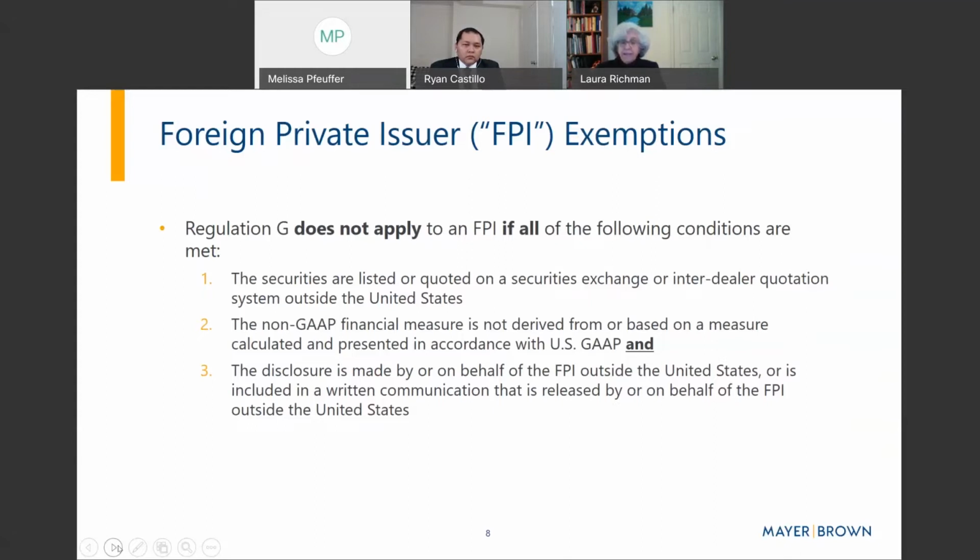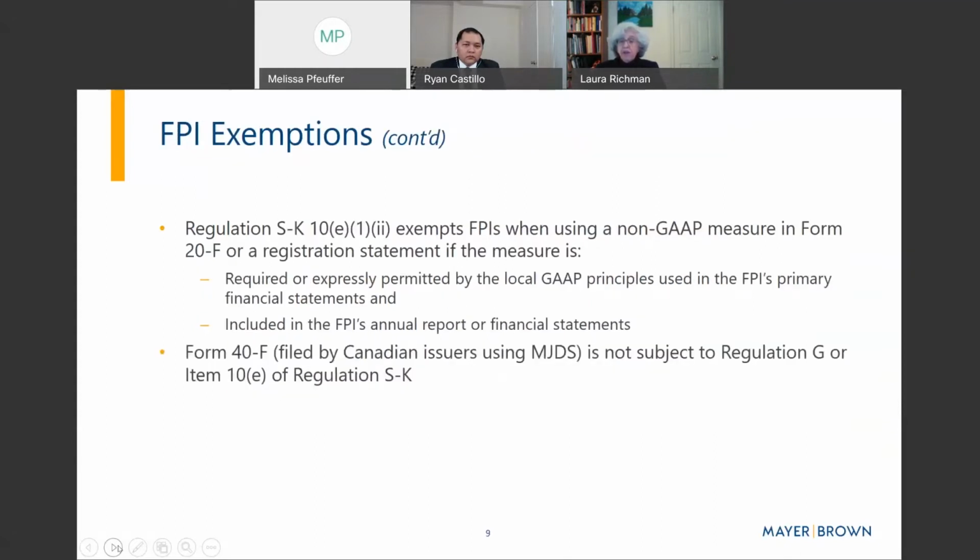Slide 9. Foreign private issuers are also exempt from S-K Item 10(e) if they are using a non-GAAP financial measure in a Form 20-F or a registration statement, if the measure is required or expressly permitted by the local GAAP principles that they use in their primary financial statements, and it's included in the FPI's annual report or financial statements.